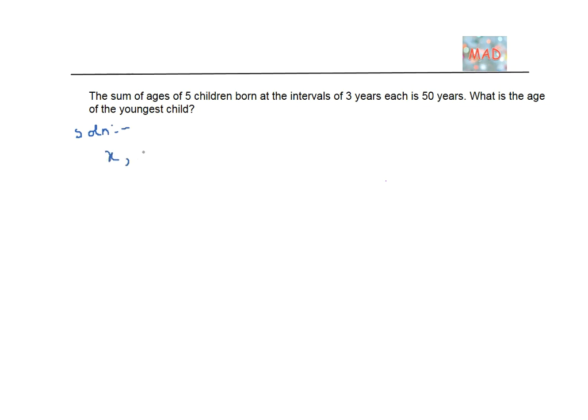Then an interval of 3 years means the second will be x plus 3, third will be x plus 6, fourth will be x plus 9, fifth will be x plus 12.